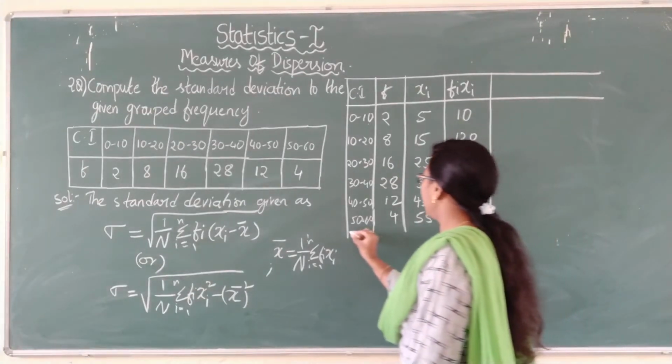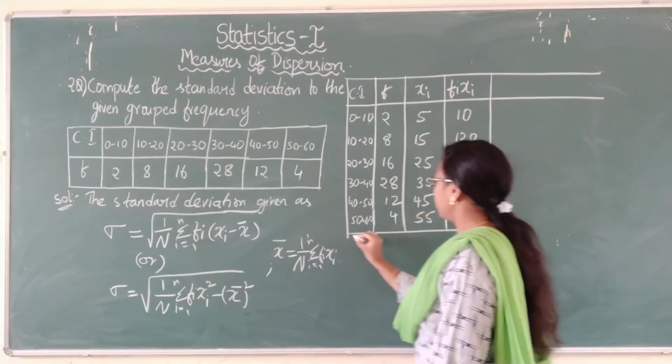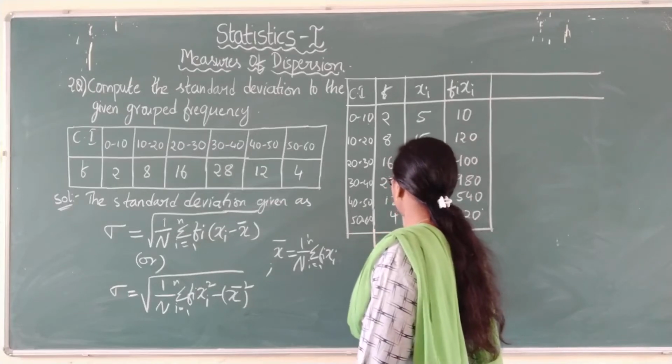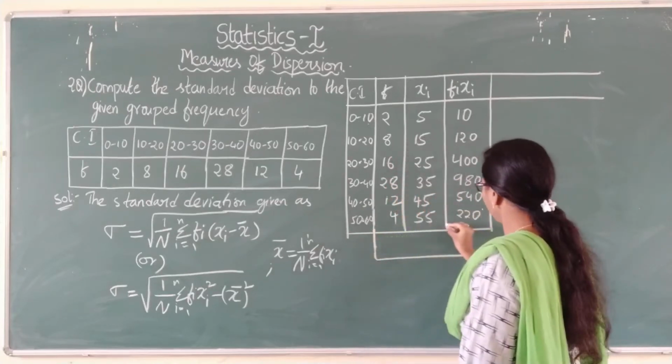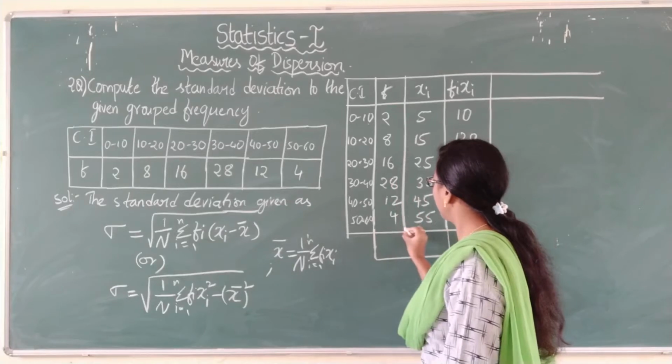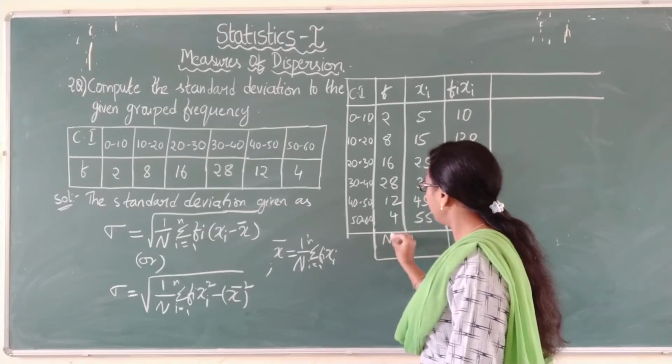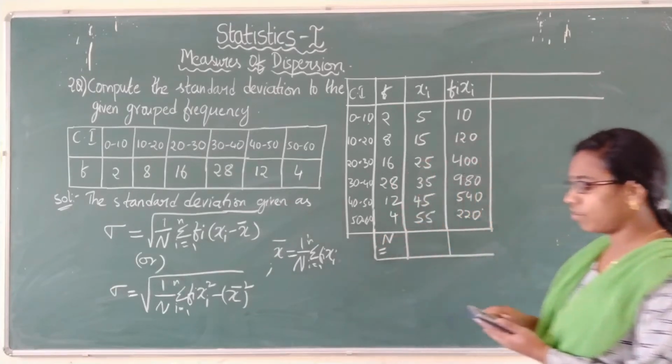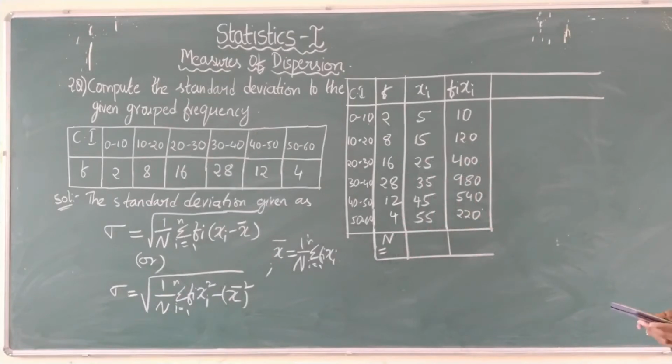For the mean value, what are the required summation values we need? First we get the n value, that is summation f. Add all the values: 2 plus 8 plus 16 plus 28 plus 12 plus 4.